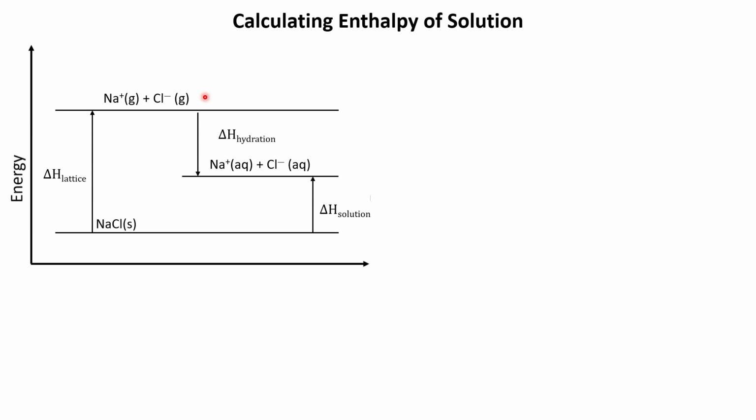Then we have what's called the hydration step. This is a combination of spreading apart the solvent molecules and also creating those spheres of hydration. So for sodium chloride, here is your hydration. Again, an exothermic process, and we have now formed our solvated cation and anion.